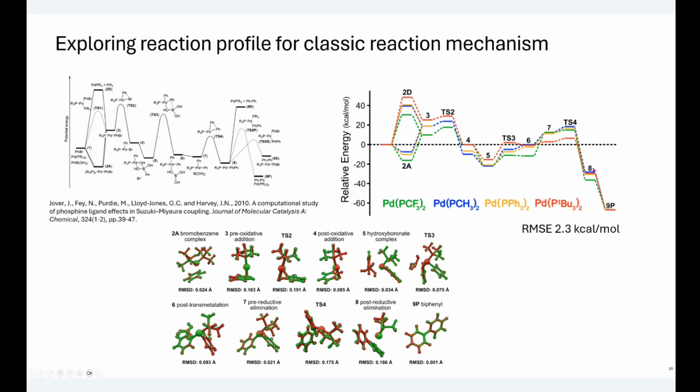Very simple system, but with AIMNet we reproduced all the stages, all the transition states, and got an RMSE with respect to reference DFT of about 2 kcal/mol, both for intermediates and transition states. And here are the overlaps between DFT and AIMNet optimized structures for transition states and intermediates. Again, we are finalizing the publication of this model.